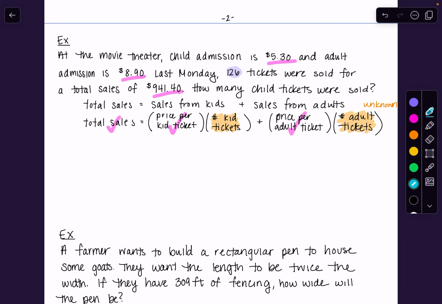Because in the end, I want to figure out how many kid tickets were sold, I'm going to assign this the variable K. You can use C as well, but I just wrote kid because it's easier than writing out child. Okay. So I'm going to let K be the number of kid tickets.